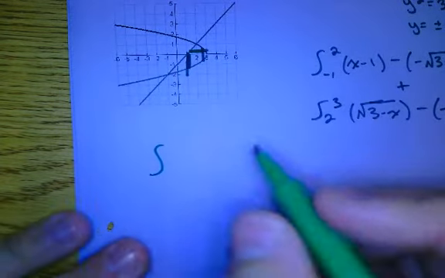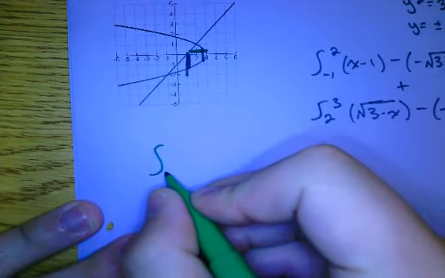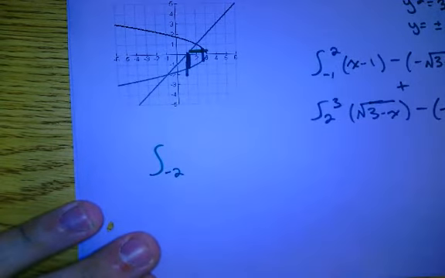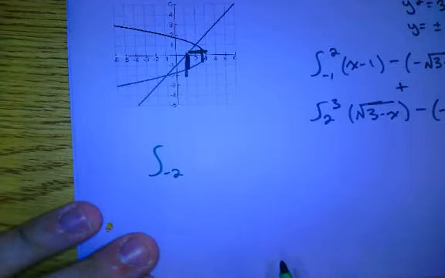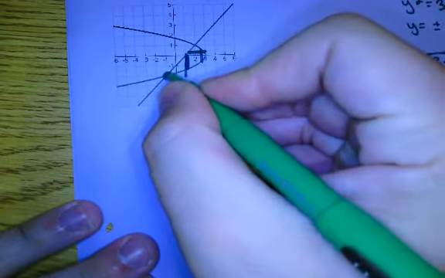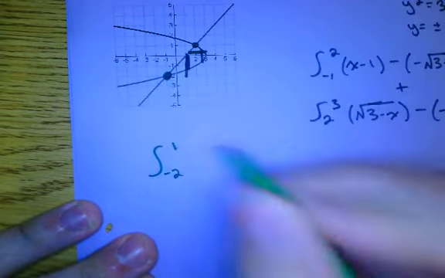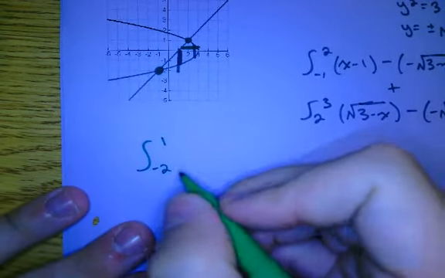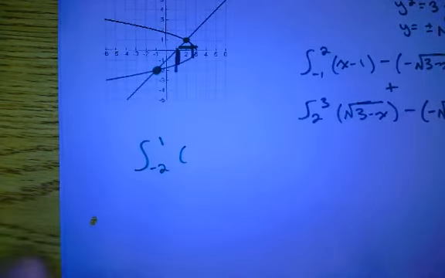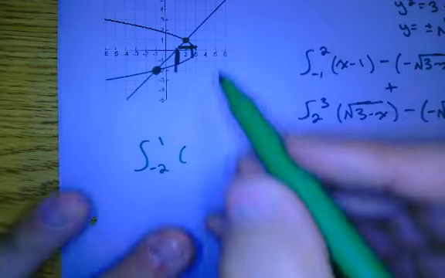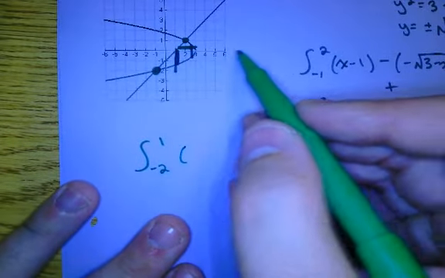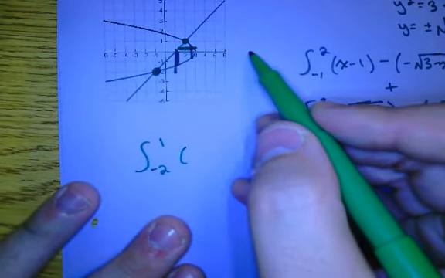What's my vertically lower? -2. What's my vertically higher? 1. What's my bigger function? In this case, bigger would be to the right, because look at the numbers getting bigger and bigger as we count to the right.